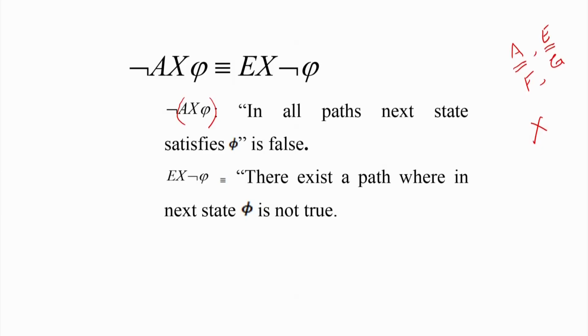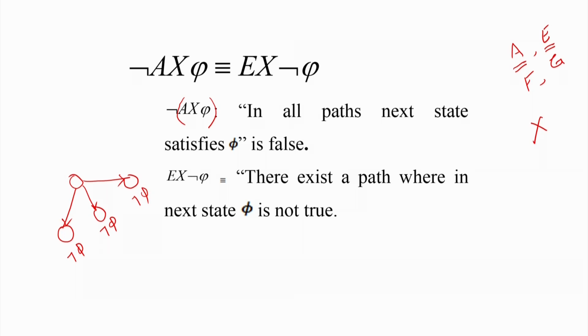So, that means if I talk about one particular state and if I have some scenario like that, and say everywhere is not of phi, then we are going to say that wherever you go, whatever path you consider, the next state satisfying phi is false.